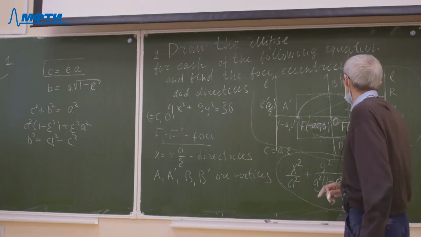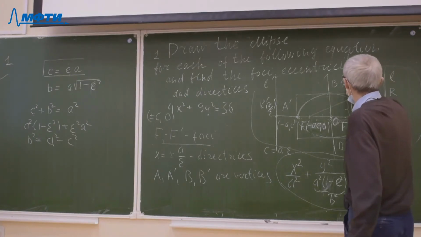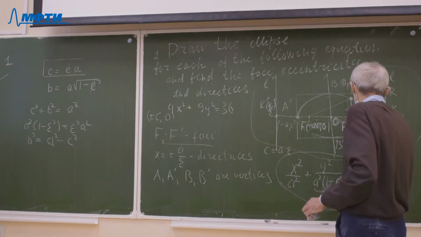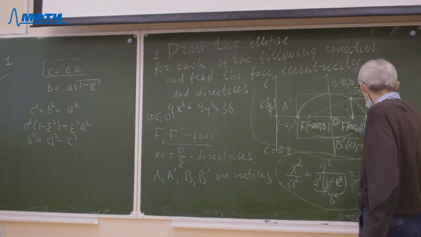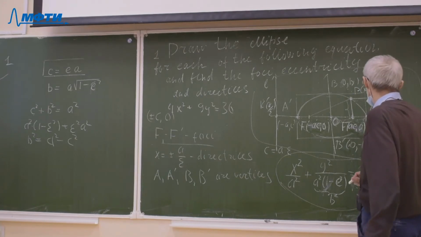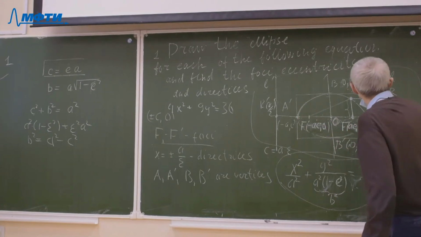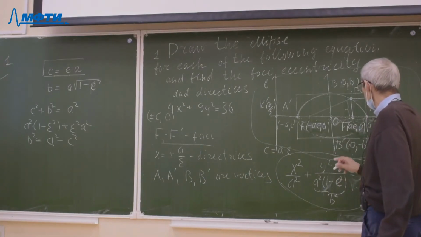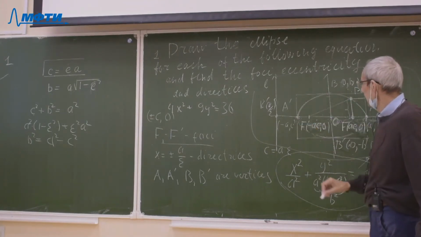We also have points B and B prime: B has the coordinates (0, B), and B prime has coordinates (0, minus B). We can draw the straight line which passes through A prime and is parallel to our straight line L, and the perpendicular straight line which passes through B prime, and we obtain a rectangle, the basic rectangle of our ellipse.